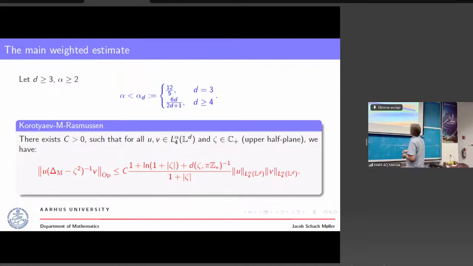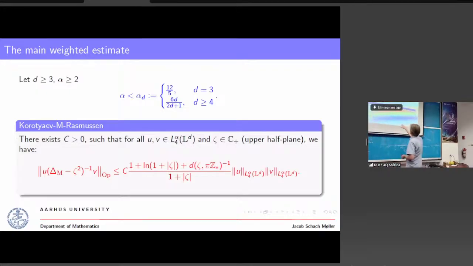For all zeta in the upper half plane, the operator norm here is bounded by this expression, where you have a logarithm divided by the norm of zeta. So it's not an uncommon type of high energy estimate to have a 1 over the norm of zeta, but there is a logarithmic error here that comes from the Dirichlet eigenvalues.